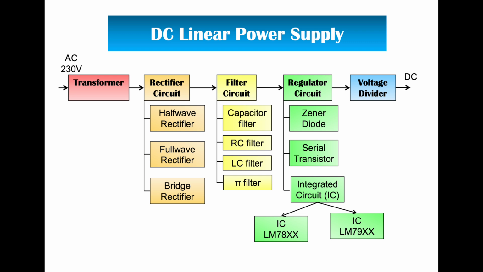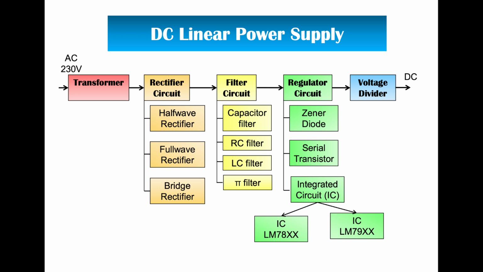So this is what we will look at in this topic of the power supply circuit. So just remember that the power supply we get is AC, but we need to convert it to DC so that we can use it to switch on our appliances, because appliances use direct current DC power supply.